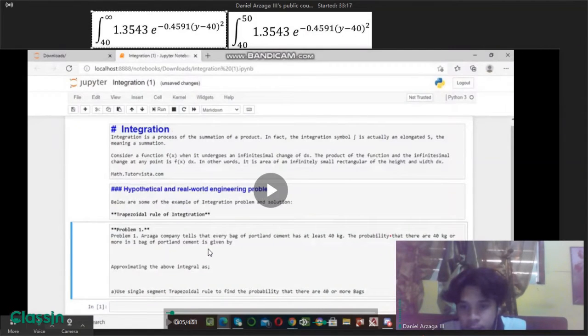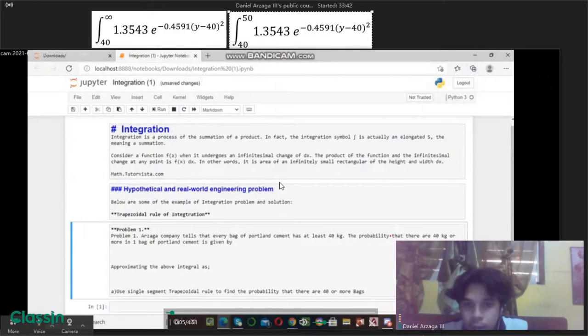Approximate the above integral as the integral from 40 to 50 of 1.3540 e raised to negative 0.4591 times (y minus 40) raised to 2.